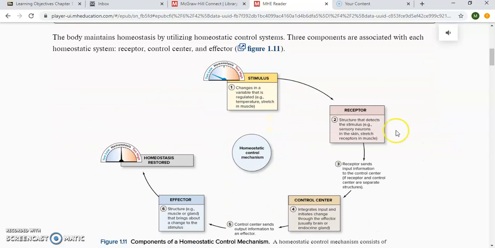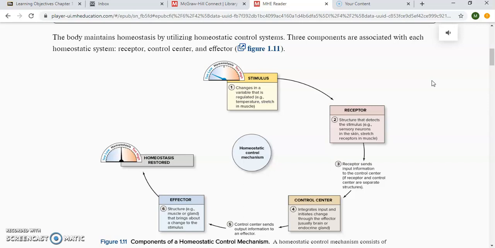If we have conditions in our body that we need to keep within a normal range or at a certain set point, our body has control systems that will make sure that happens.